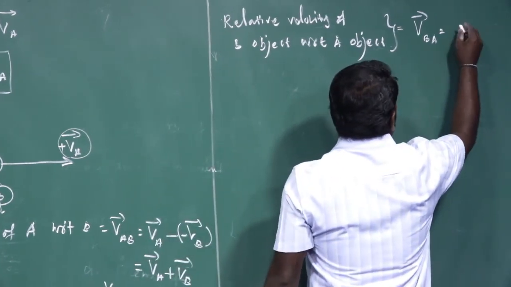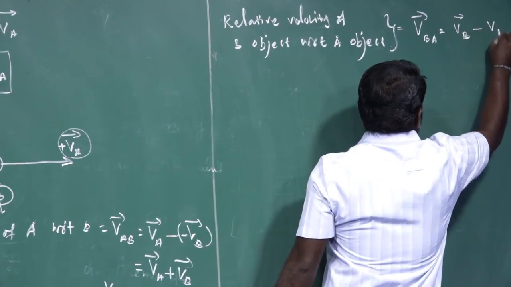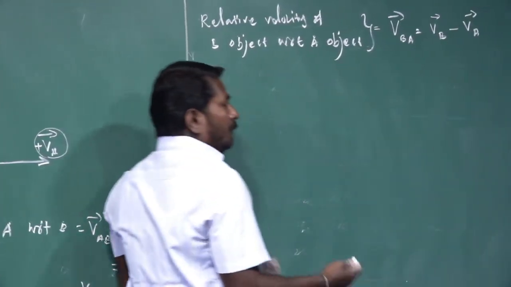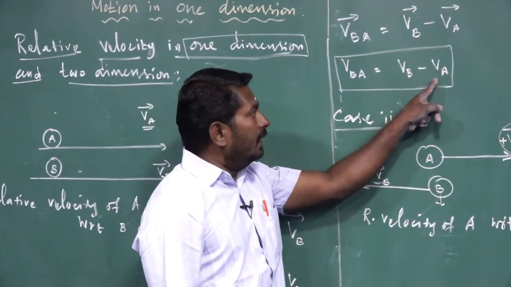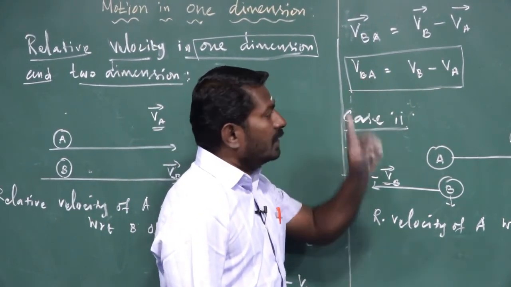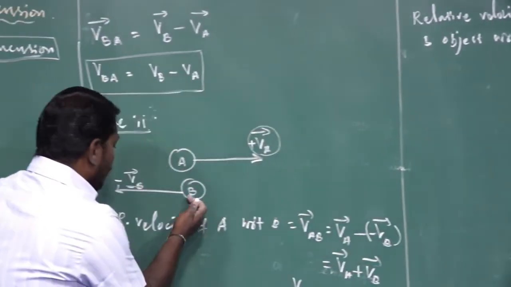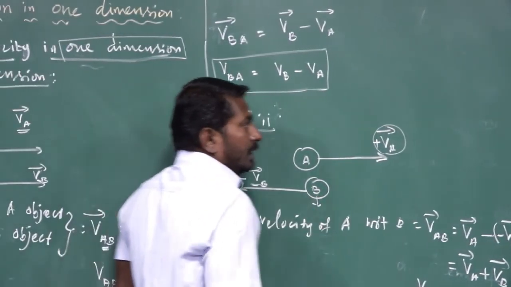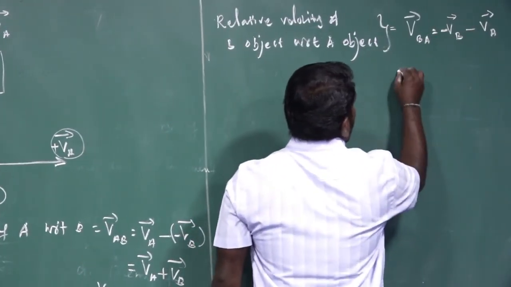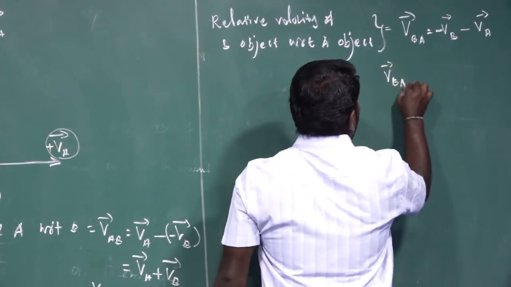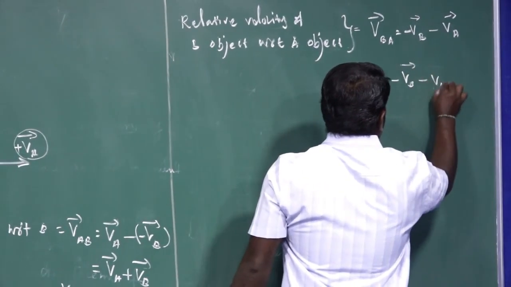So the relative velocity of B object with respect to A object is VB vector minus VA vector. That is the formula from the first case. VB minus VA, relative velocity of B object with respect to A object. But B object traveling in negative x-axis is taken as negative. So therefore, the relative velocity of B object with respect to A object is minus VB vector minus VA vector.